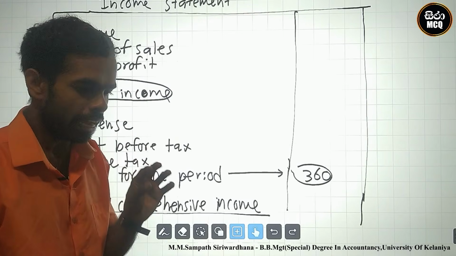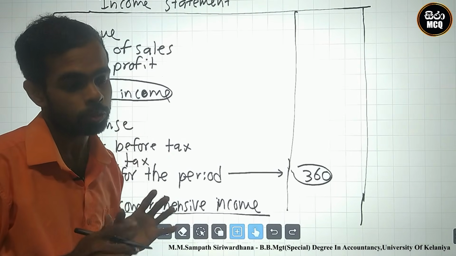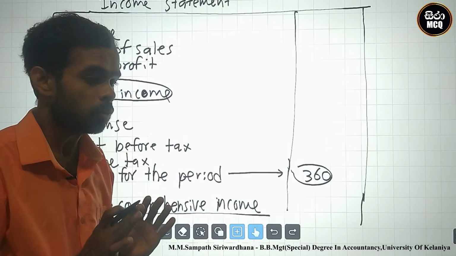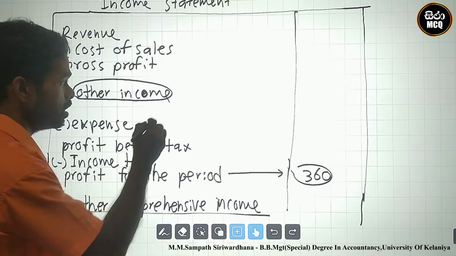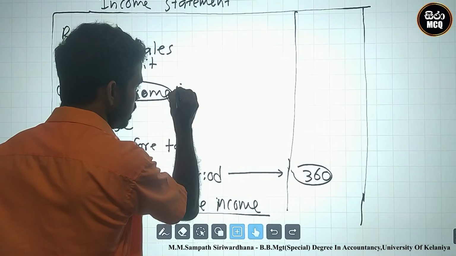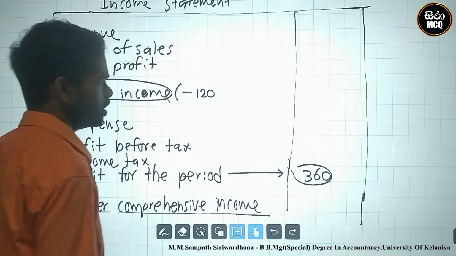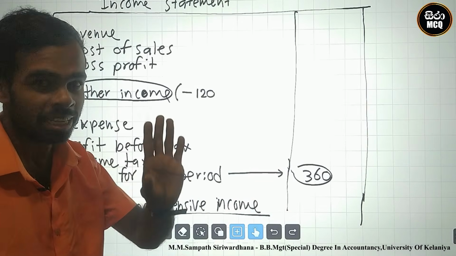They already added this 120 to other income. You know, a revaluation surplus cannot be included in other income. Therefore, I eliminate this 120. Therefore, I deduct it from other income. This impacts the profit for the period after the calculation.